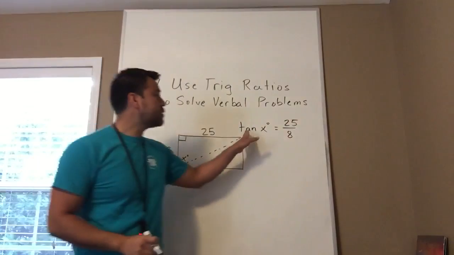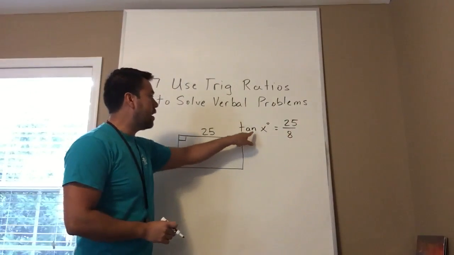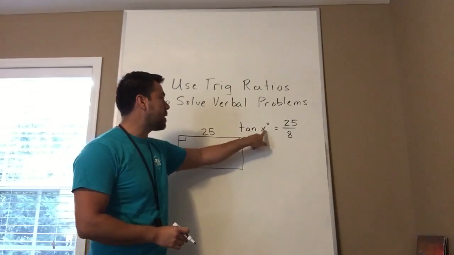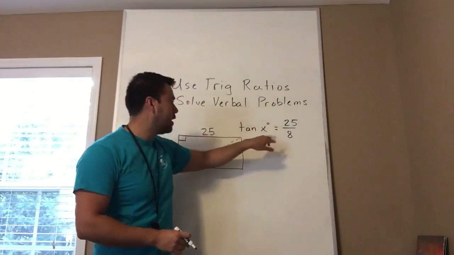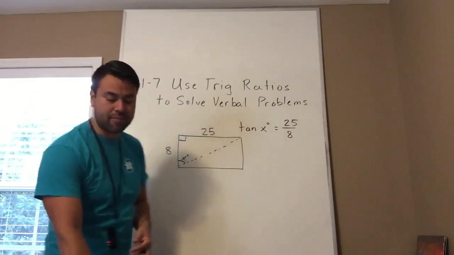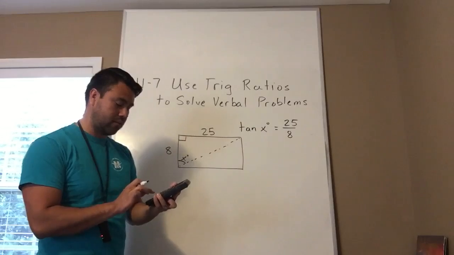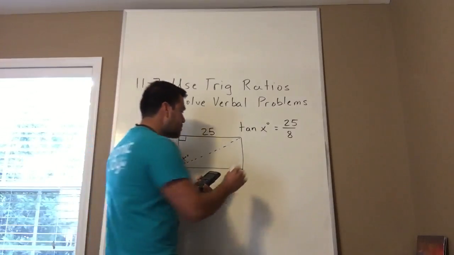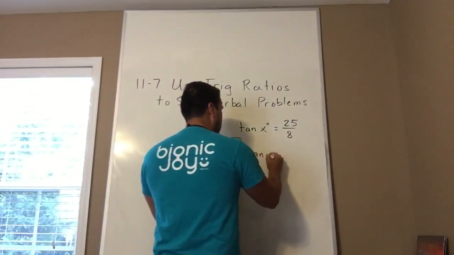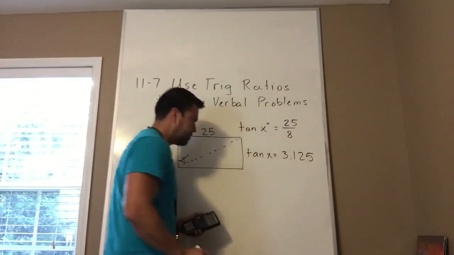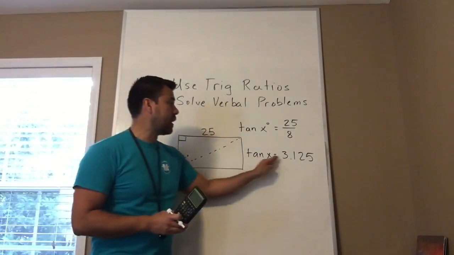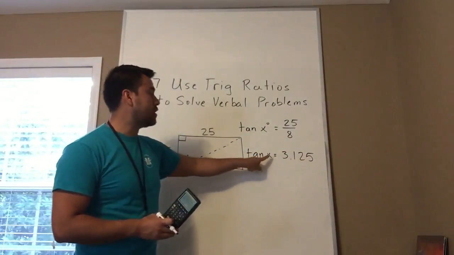In this problem, which is kind of nice, I don't have the angle, so I don't have to solve. I'm trying to solve for this right here. So if I simplify 25 over 8, 25 divided by 8, I get tangent of X equals 3.125. That's all I have. That's all I need. So I don't know the angle.